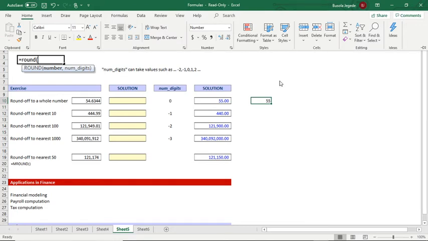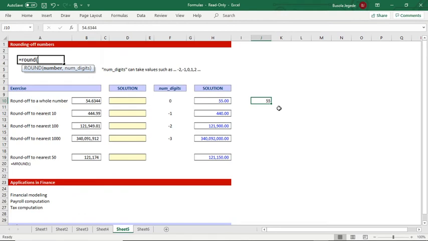This is okay, but there's a danger to this. Even though it looks like 55 from the outside, if you open it, by double tapping or F2, you'll notice that it's actually not 55, it's 54.6344.